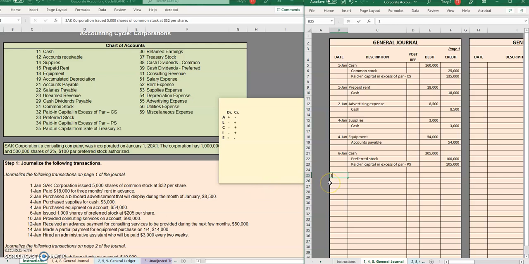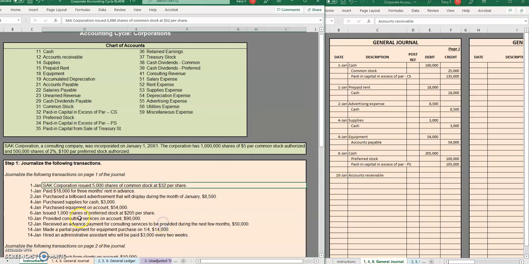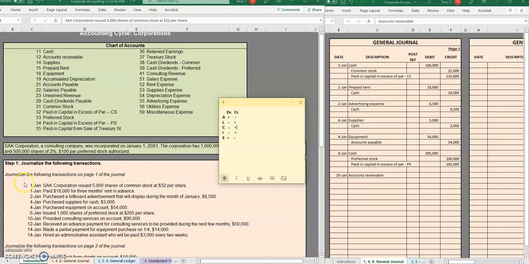All right, January 10th. Provided consulting services on account. So we have accounts receivable as our debit. Again, remember when we provide services, either we are getting cash or we are going to receive the money later. In this case, it says we've provided them on account.